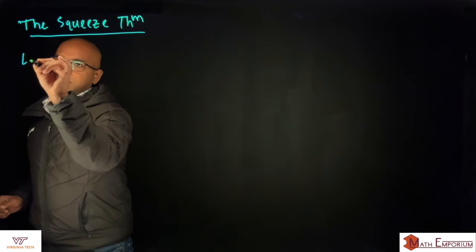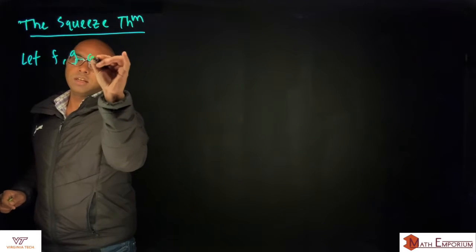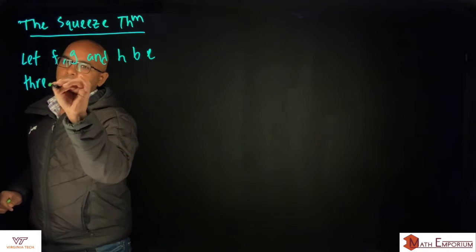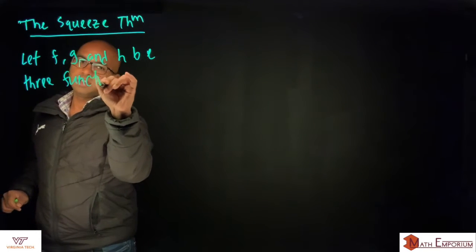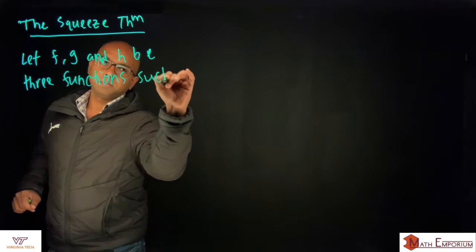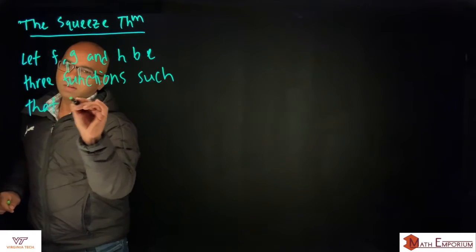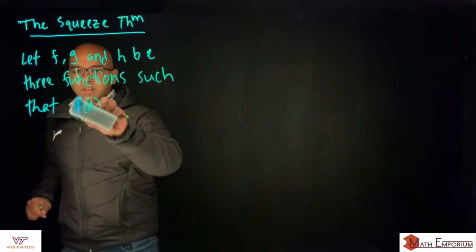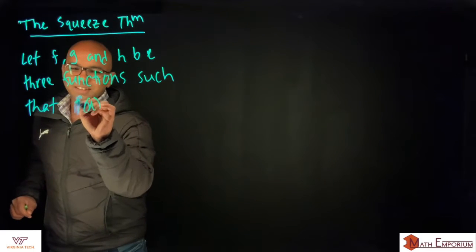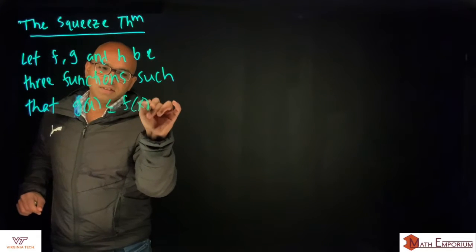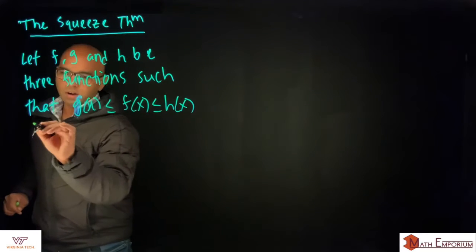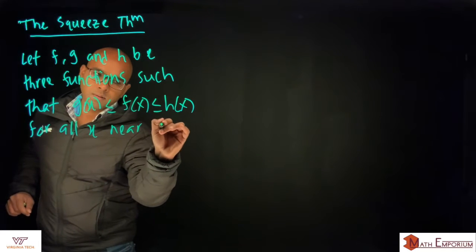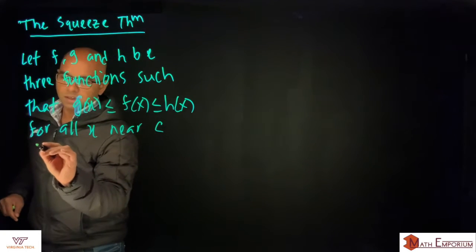Let f, g, and h be three functions such that, I'm going to change my notation a little bit, let's make it g of x is less than or equal to f of x is less than or equal to h of x for all x near c, except possibly at c.